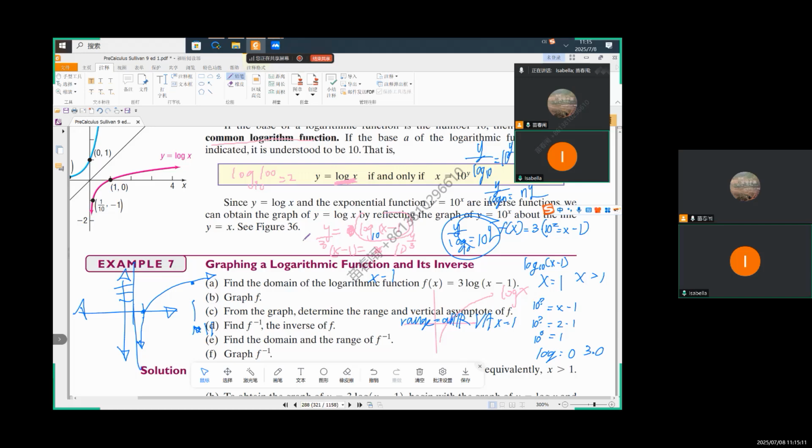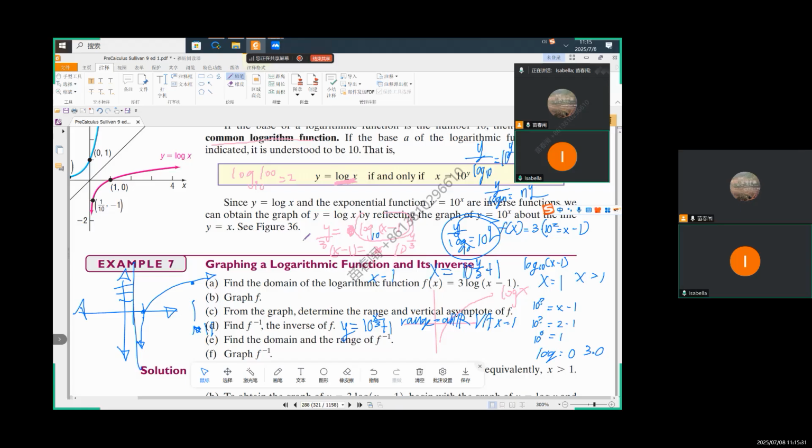Okay, I'm going to try to do it from here. So x equals 10 to the power of y over 3, plus 1, actually. Oh, okay. This was easier when I did it myself.